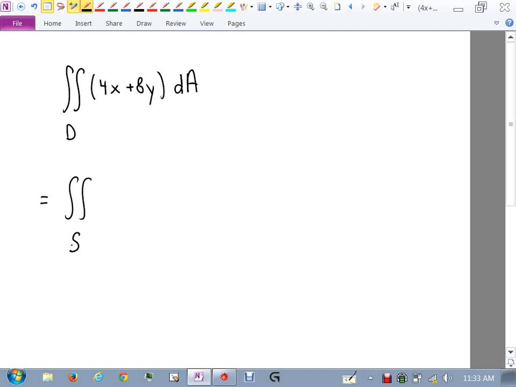So our original double integral was over D of 4x plus 8y dA. That has now been transformed into a double integral over S of 4 times x. What's 4 times x? It's 4 times 1/4 u plus 1/4 v, so that's just u plus v, isn't it?